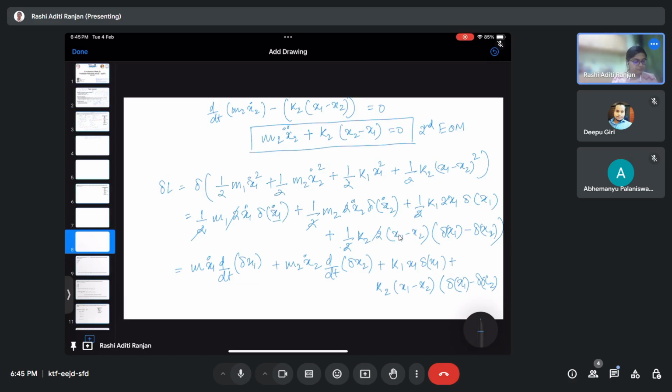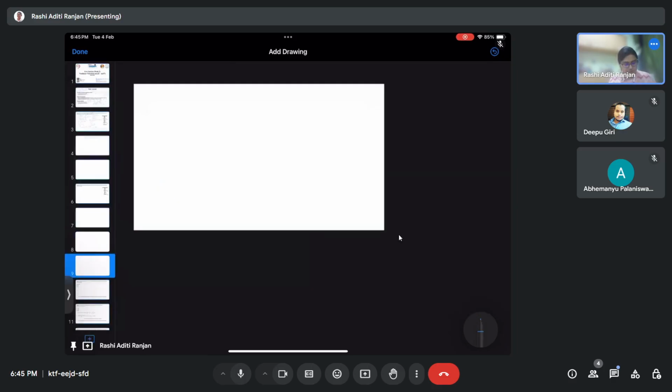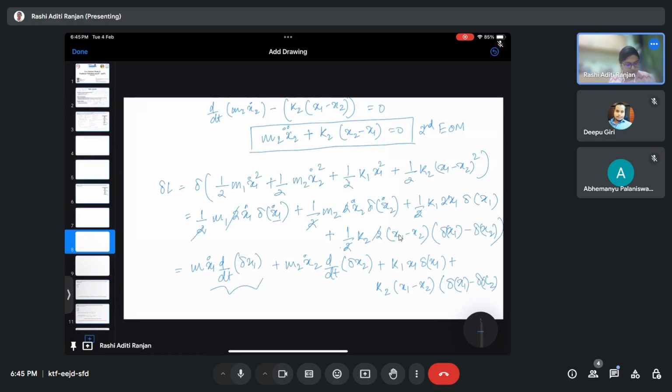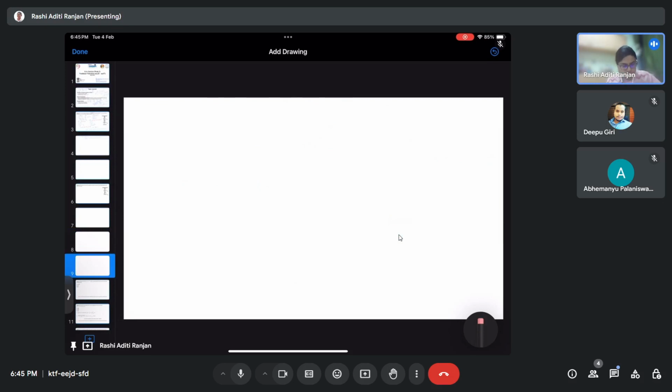Okay, so let us just consider the first term as of now. The first term, this I have to put inside the integration. Okay, let me just write the integration equation, then we will come to the first term.